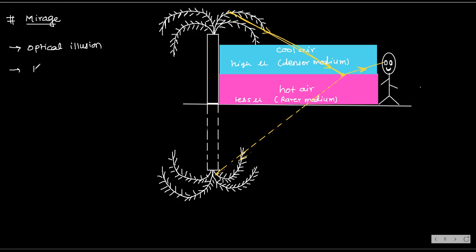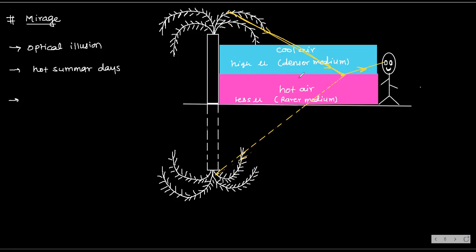In hot summer days, what happens? Air near the surface is hot air. Above there is cool air. So it behaves as a rarer medium, and above as a denser medium.